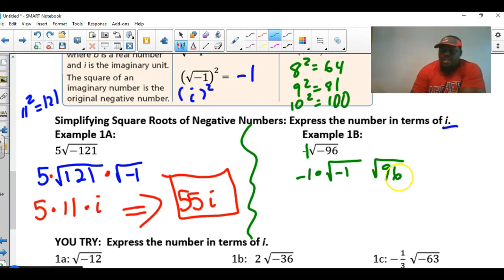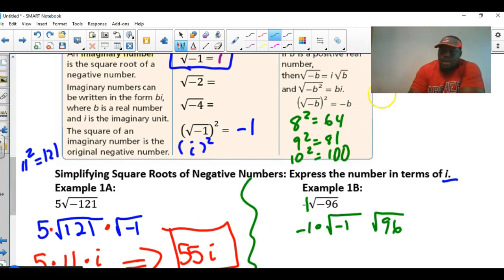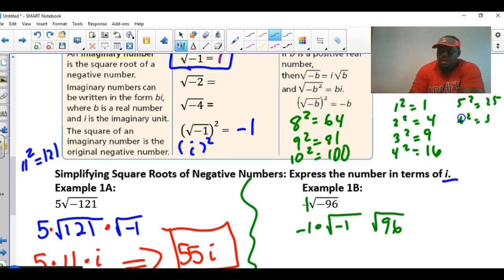We need to factor this 96 again, and here's what I mean. We got to think of perfect squares. What perfect squares do we know of? I know that 1 squared is 1, 2 squared is 4, 3 squared is 9, 4 squared is 16, 5 squared is 25, 6 squared is 36, 7 squared is 49.